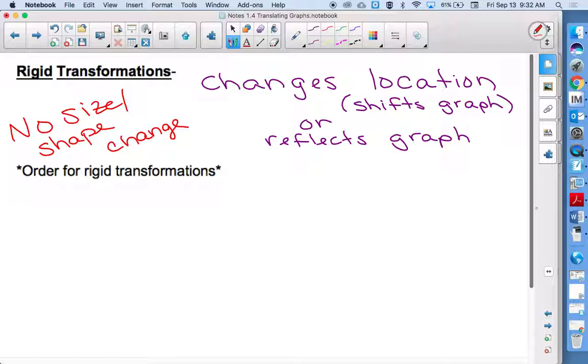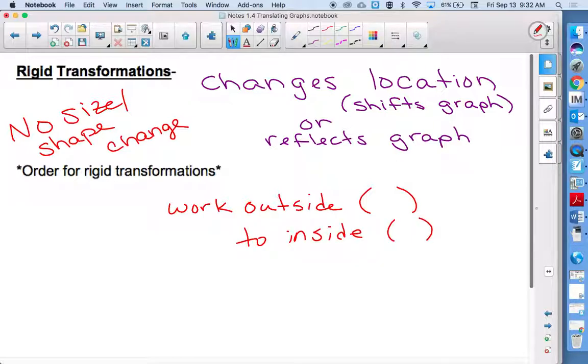So the order for rigid transformations, we usually say to work from the outside in. And that's because a reflection is when you multiply something by a negative number.